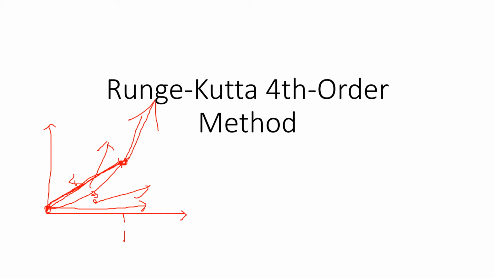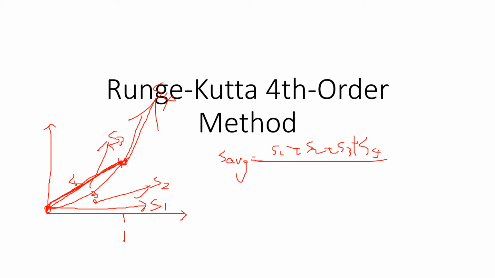Some slopes are larger than the average slope, and some are smaller. Then we can average all of the slopes at different points. When we get the average slope from the 4 points, S1, S2, S3, S4 over 4, we get a better estimation of this average slope.